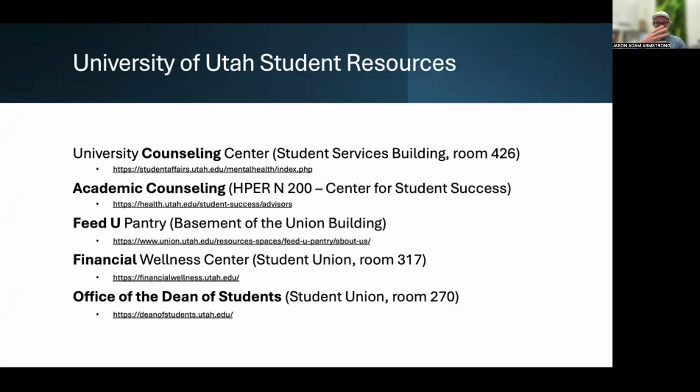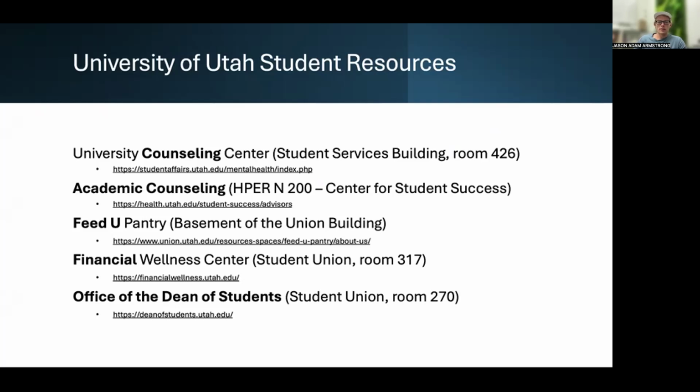At least at the University of Utah, your tuition pays for a counseling center. It pays for academic counseling. It pays for a food pantry, a financial wellness center, and the Office of the Dean of Students, right? Your tuition doesn't just go to pay for classes. It goes to pay for these other services that are free or at significantly reduced cost.